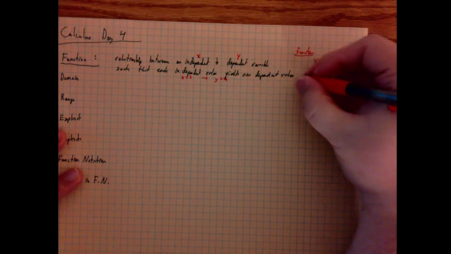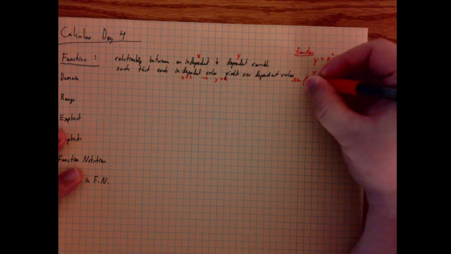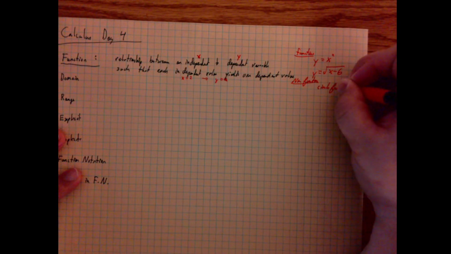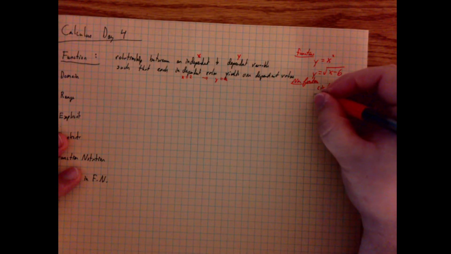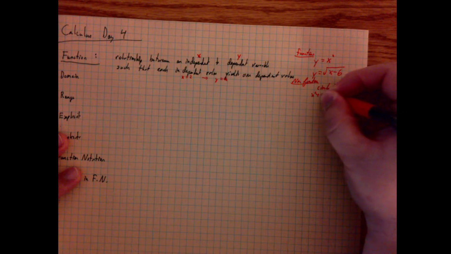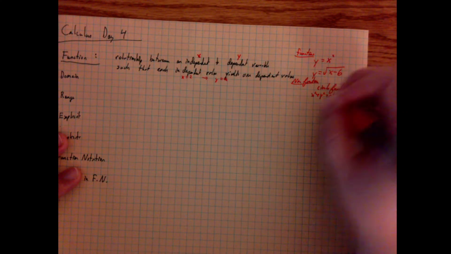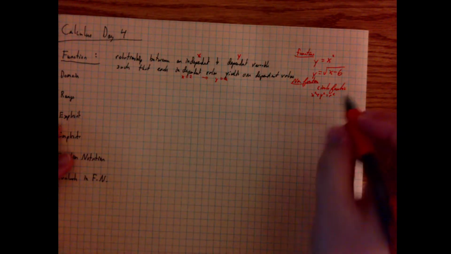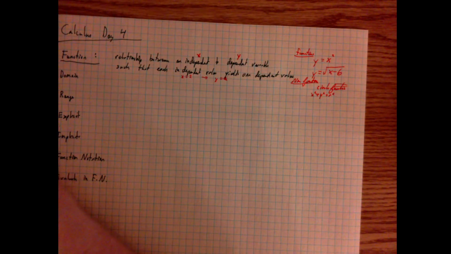Some examples of non-functions that you may have seen. A circle function. So the circle function is x squared plus y squared equals r squared. That's not a function. And so even calling it the circle function is kind of misleading. It's the circle formula. Because when you look at the circle formula, it has more than one y value if you plug in an x value.